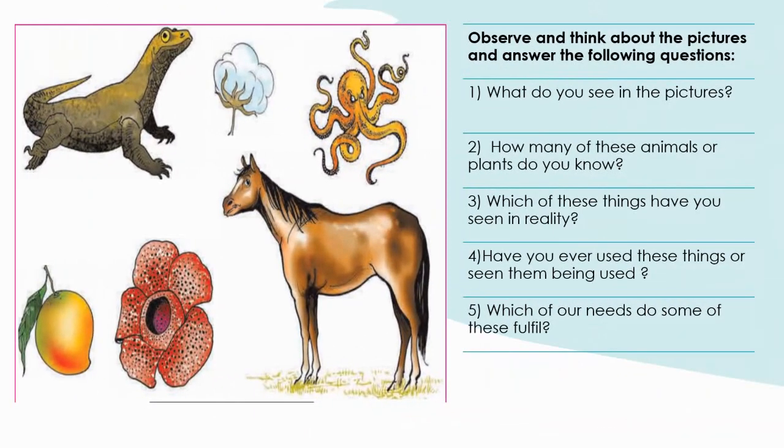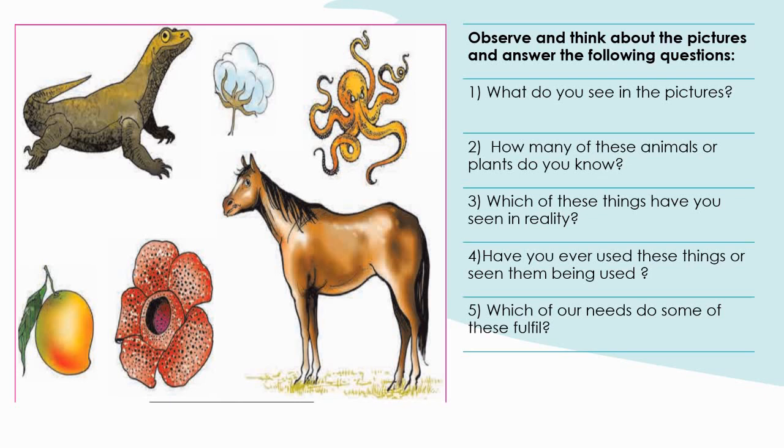Let us have a small activity. Observe and think about the pictures given on the slide and answer the following questions. First question, what do you see in the pictures? Second, how many of these animals or plants do you know?